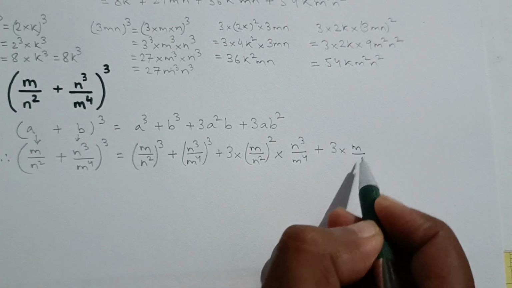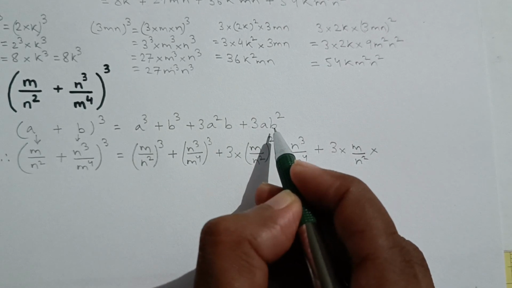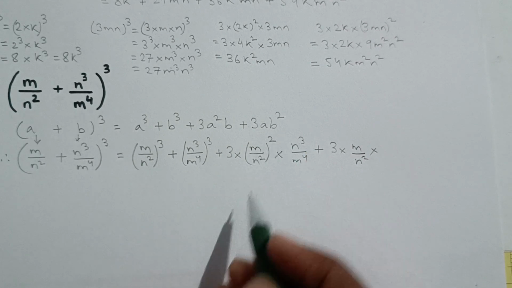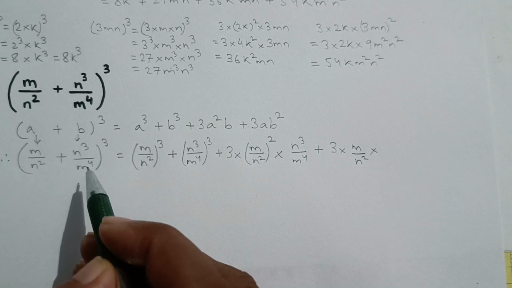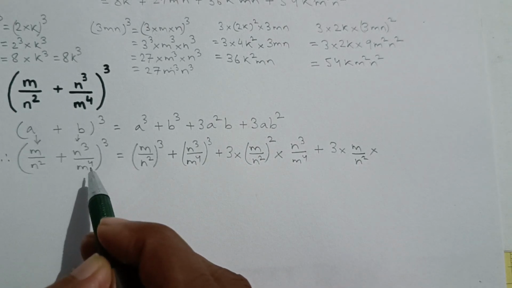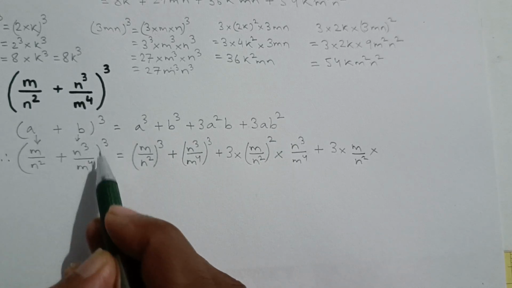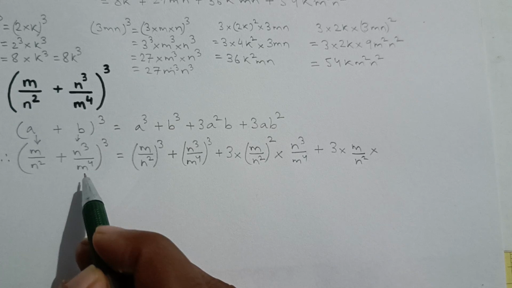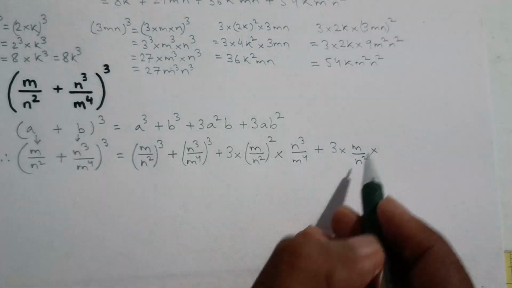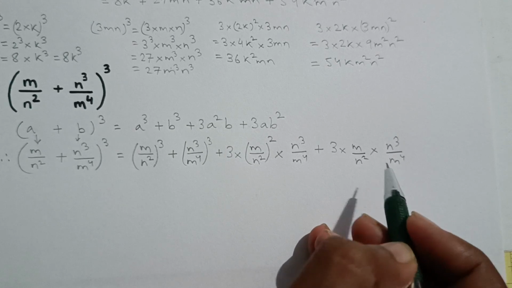So m upon n square into b square. Now b corresponds to n cube upon m to the power 4. So instead of b, I will write n cube upon m to the power 4.